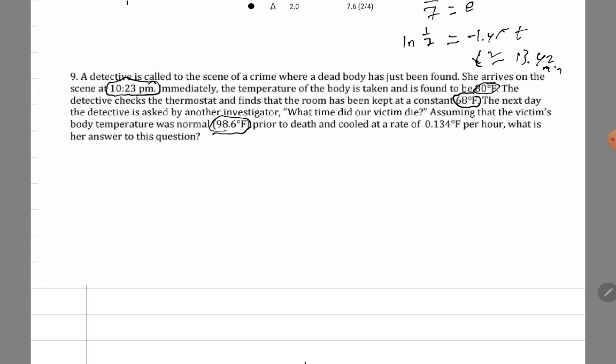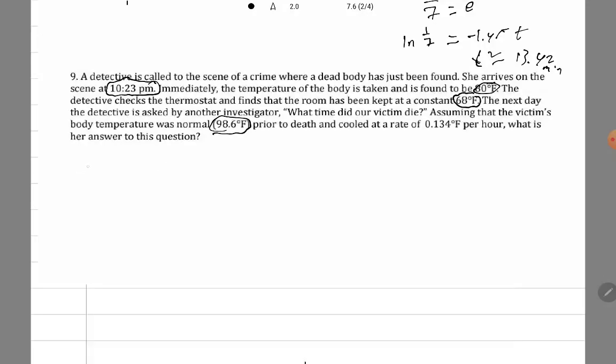So, T, 98.6, time of death, equals... oh, no. Sorry. Time of death is not the T. That's the initial.